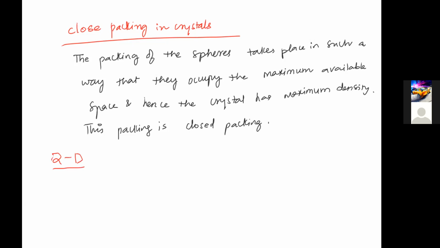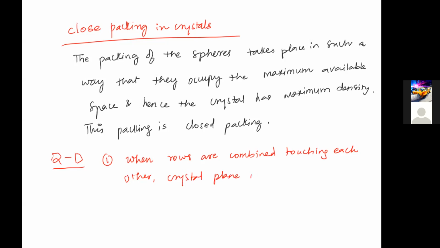So, in the 2-dimensional packing, when rows are combined touching each other, a crystal plane is obtained. But rows can be combined in 2 different ways.